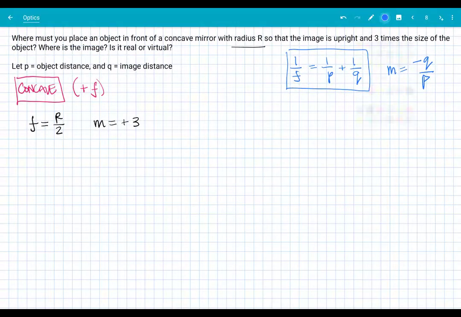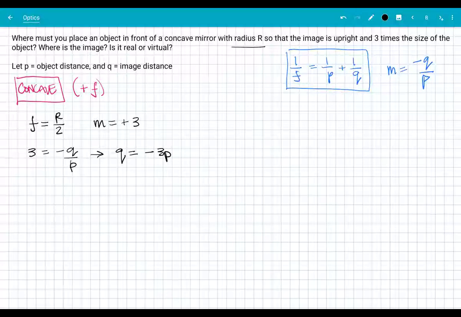So let's use that for our particular case. Positive 3 is equal to negative q over p, and that gives me this relationship, q equals negative 3p between q and p.